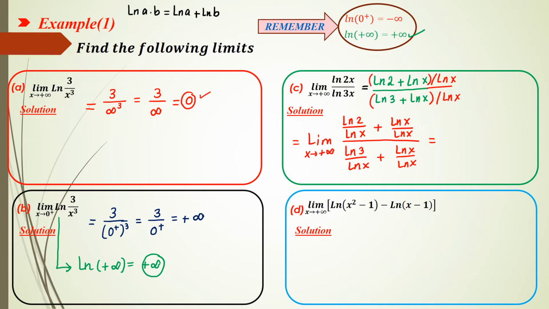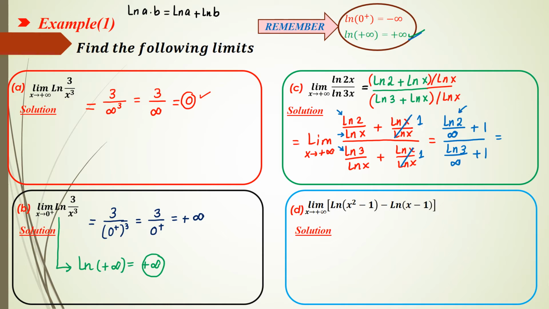So by simplifying, we have ln x divided by ln x equals 1, and here we have 1, and as you know ln 2 is a number and also ln 3 is a number, so by direct substitution we have ln 2 divided by ln of infinity, and ln of infinity equals infinity, so plus 1, over ln 3 divided by infinity plus 1.